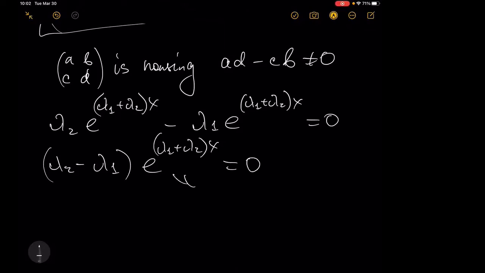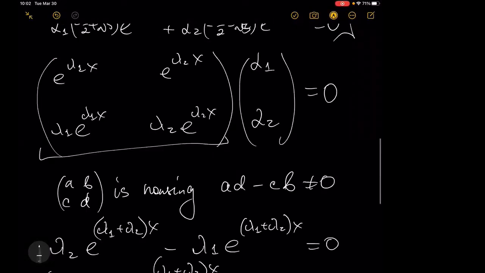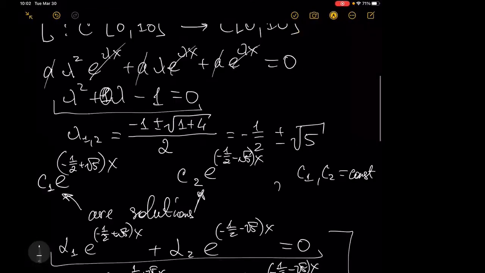So this is not equal to 0, and this is not equal to 0. So you can check it. So you will see that lambda 1 is not equal to lambda 2 because lambda 1 is with positive sign, this with negative sign. So they are two different numbers.